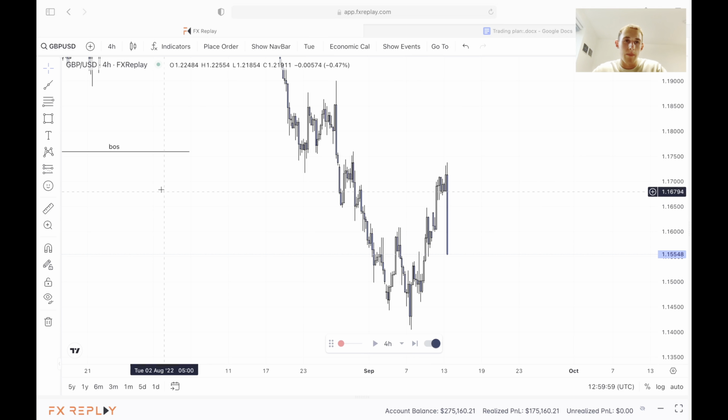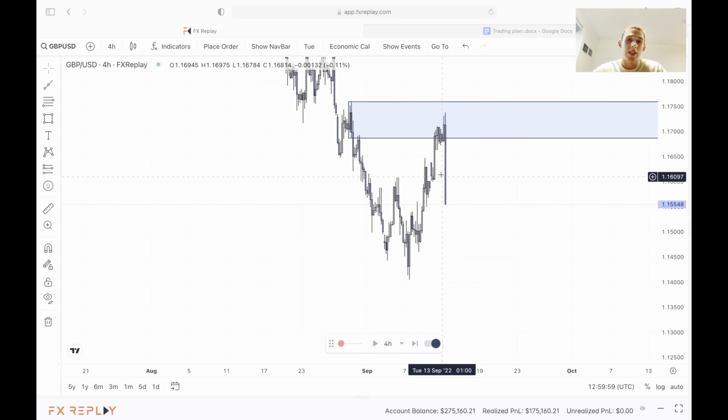Also, we had quite a clean reaction from this supply, which swept liquidity to the left. And given this huge momentum, I would guess this is a news candle.